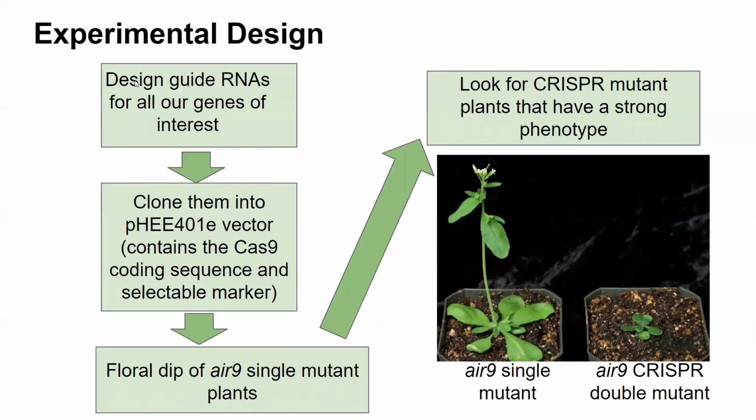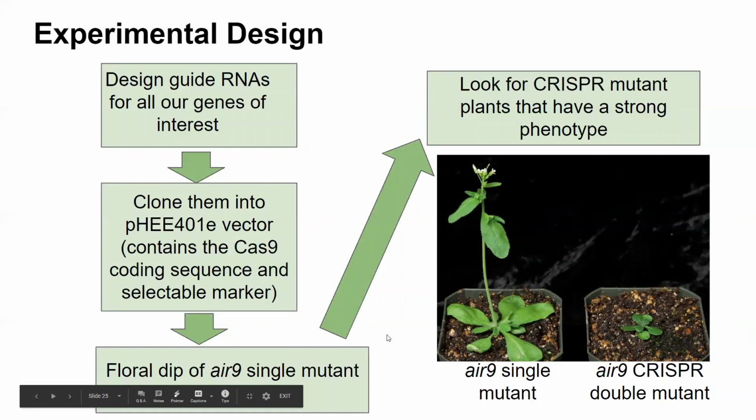So the basic flow of the experiment, our experimental design, is that you guys will help us design a bunch of guide RNAs for all these different genes. We'll clone them into a vector that has the Cas9 coding sequence and selectable marker. And then maybe we'll talk about this next process. We'll actually use a process called floral dip to introduce our CRISPR-Cas9 system into the AIR9 single mutants.